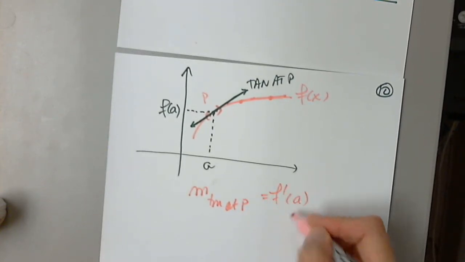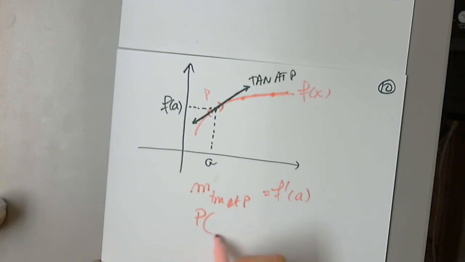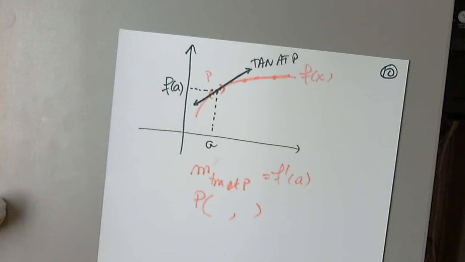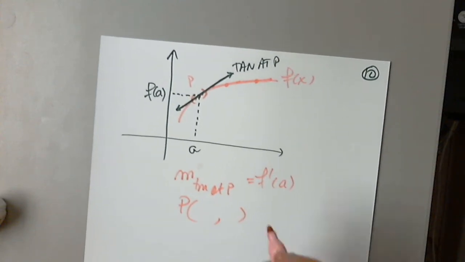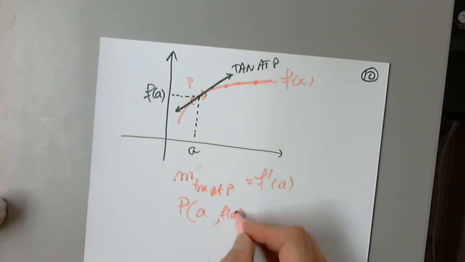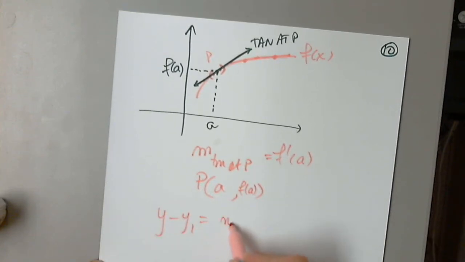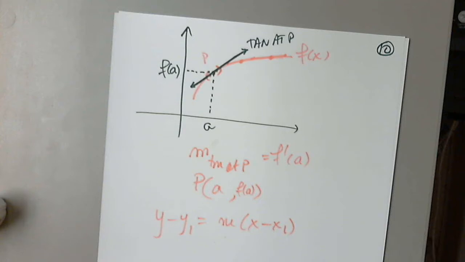Can anyone give us the coordinates of point P? A comma f of a, very good. And now I would like y minus y1 equals the slope times x minus x1. I want to determine the equation of the tangent line at P.